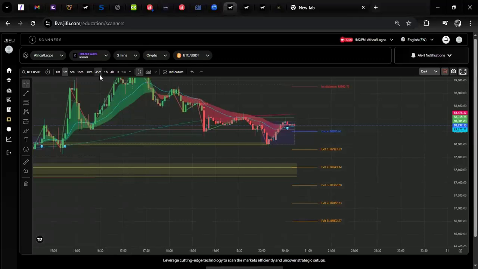So if 1 hour is giving you a buy, you want to make sure the 30 minutes, 15 minutes, and 5 minutes are giving you a buy. If it is a sell, you want to make sure all of these time frames are also saying a sell. And there's a tweak to that. I need you to pay attention.